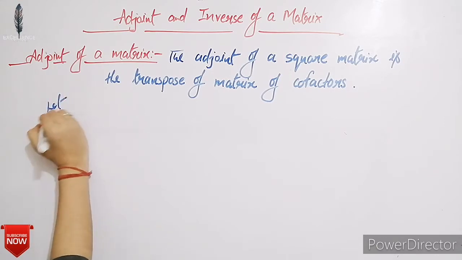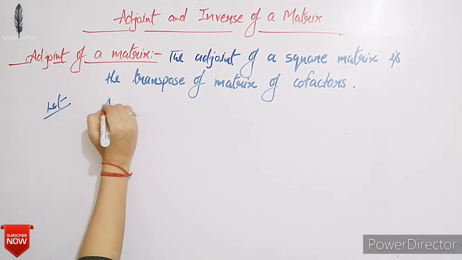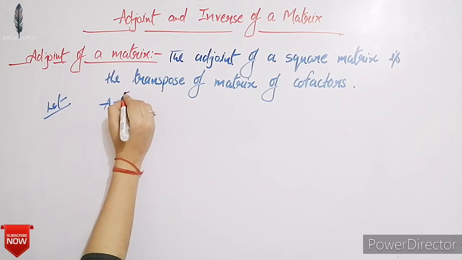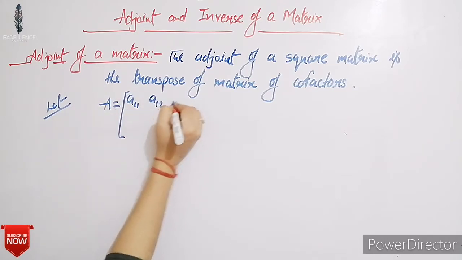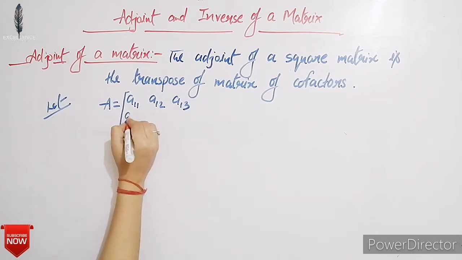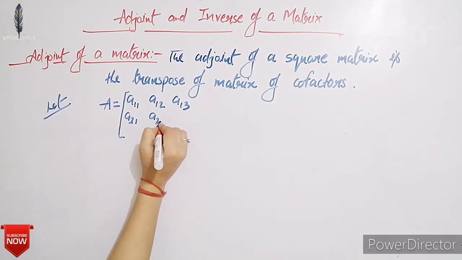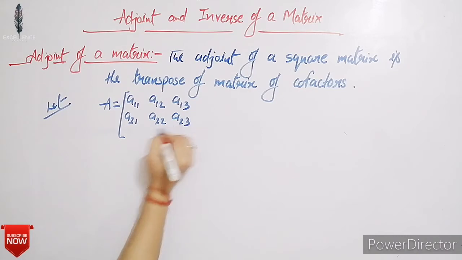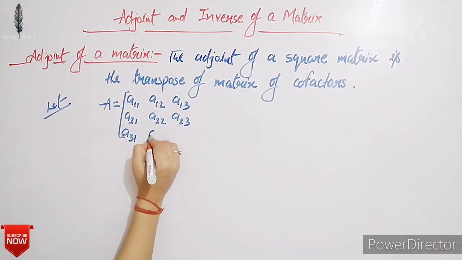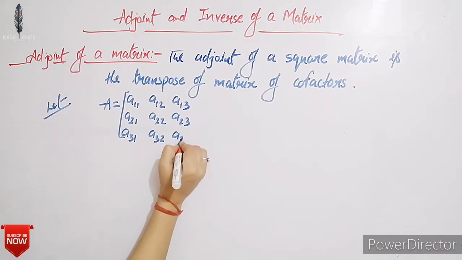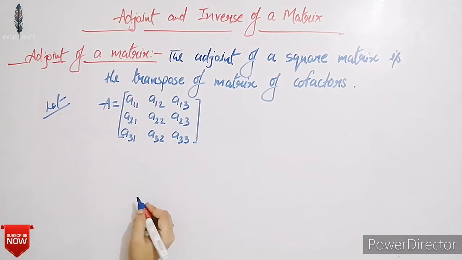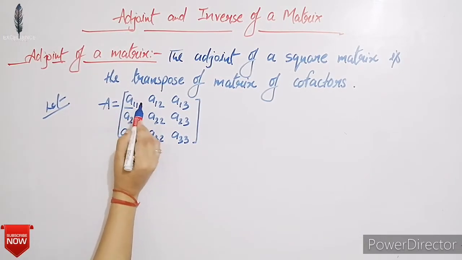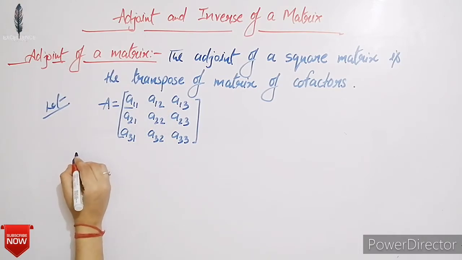Let we have a matrix A equals to A11, A12, A13, A21, A22, A23, A31, A32, A33 are the elements of this matrix. We know that for this element the cofactor is capital A11.